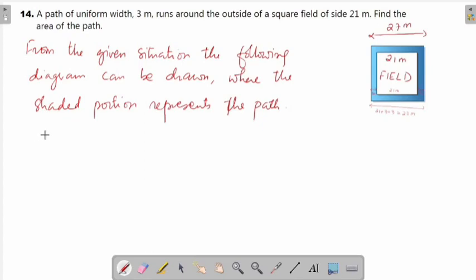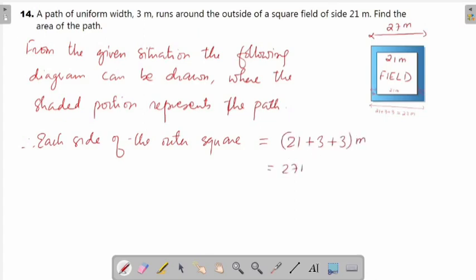So therefore, each side of the outer, that is bigger, square, because the path is in square shape, it will be 21 plus 3 plus 3, which is 27 meter, and you have the dimension of the field as well, which is 21 meter, right?